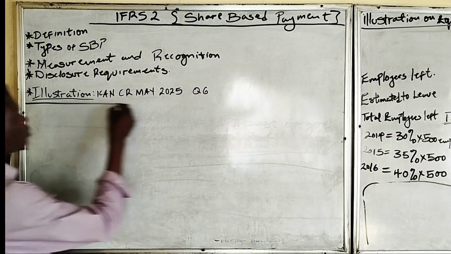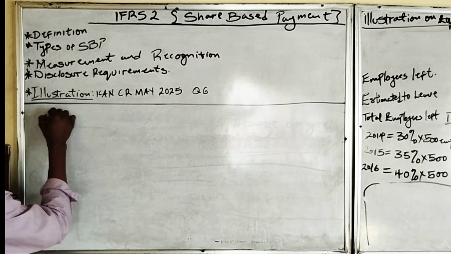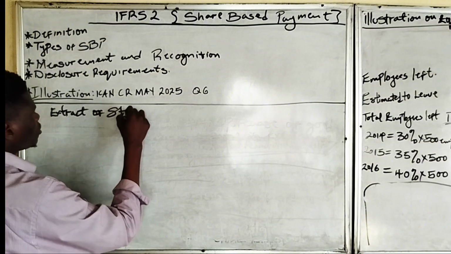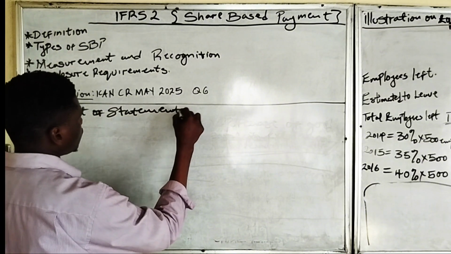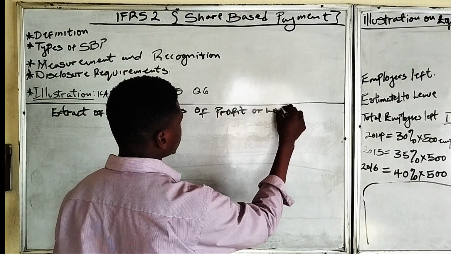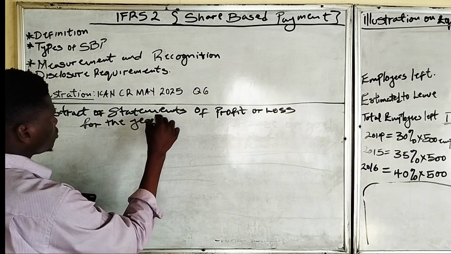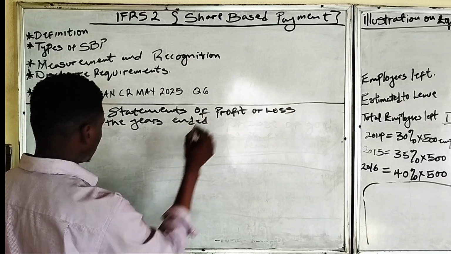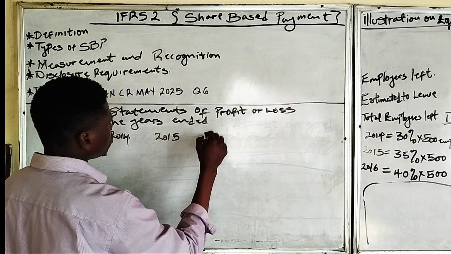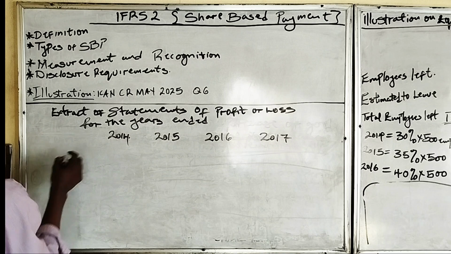So in the statement of profit or loss, which is the expenses, according to the requirement, the amount we recognize in the income statement, which is profit or loss. So this is like the extract of statement of profit or loss. And so we have 2014, 2015, 2016, and then 2017. So we have expenses.